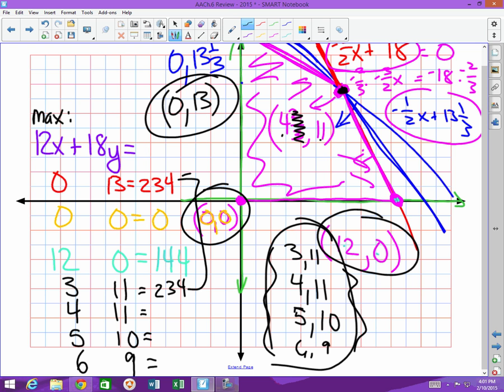Hey, and isn't that the same as that? So now we have a choice. But 4, 11 is 246, and 5, 10 is 240, and 6, 9 is 234. So the one that provides us with the maximum storage space is this one right here.